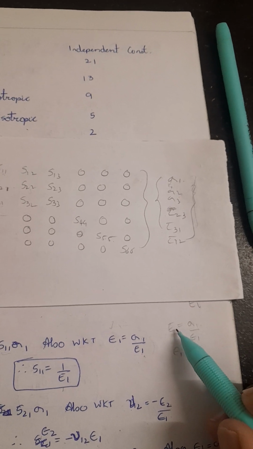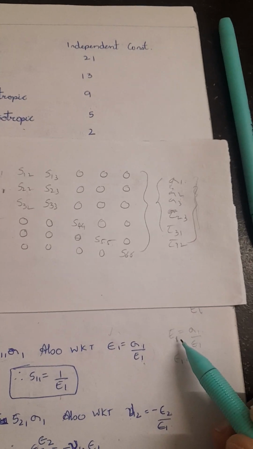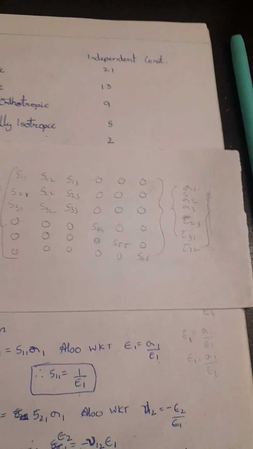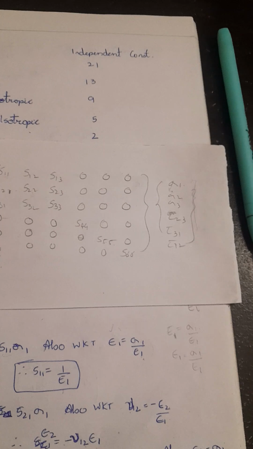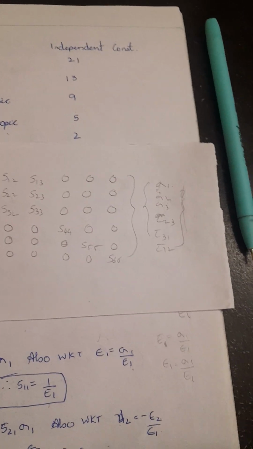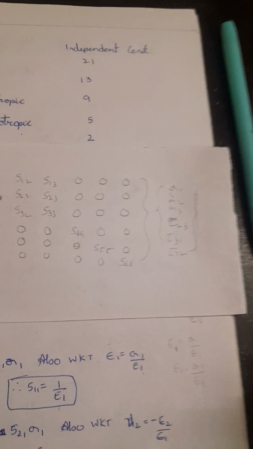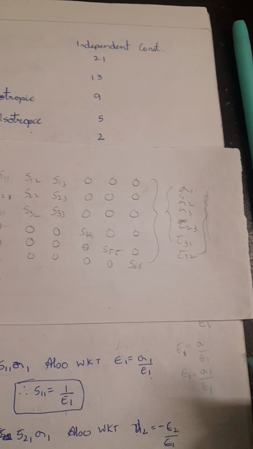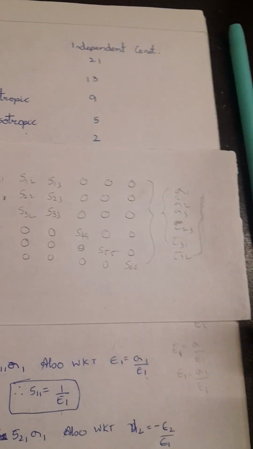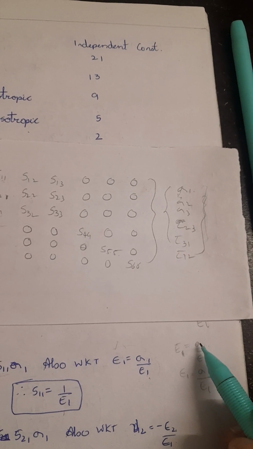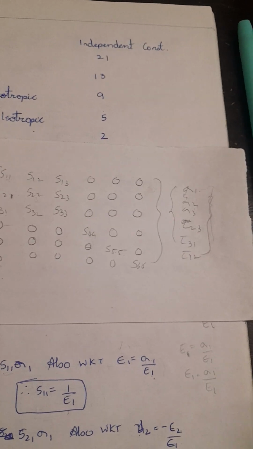Here we are developing modulus of elasticity 1 and 2. We're giving them names because this is not an isotropic material. Had it been an isotropic material, the modulus of elasticity would be constant throughout, in any plane. But this is an orthotropic material, and hence we have different values of the elasticity modulus in different directions. So E1 is nothing but sigma 1 by strain 1, right?